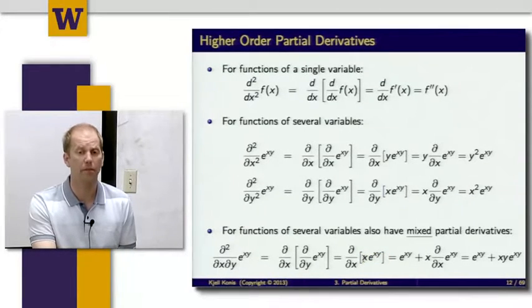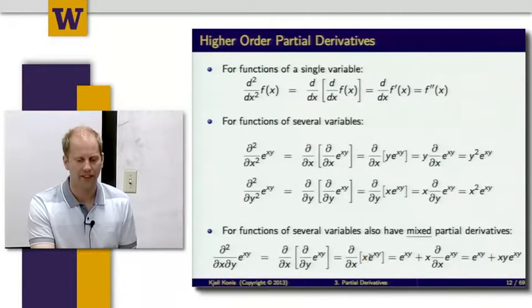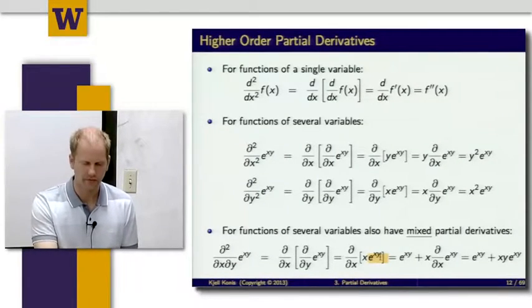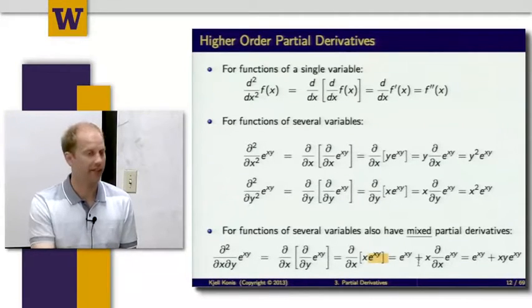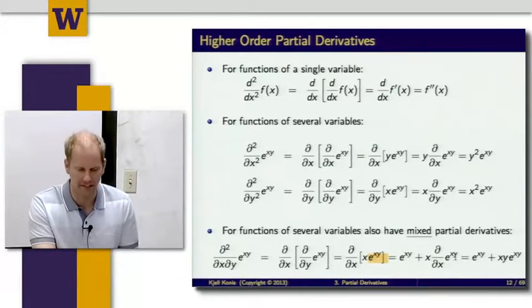So now this is a product of two functions of x. So x is the first function, and then e to the xy is my second function. So I have to use the product rule. And so again, just to make this all fit on one slide, I've skipped probably some essential work, but I hope it's correct.